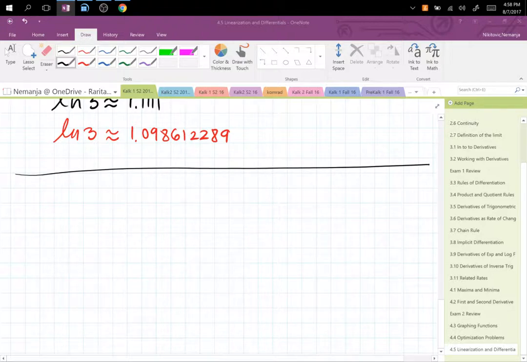So I'm going to challenge you guys with a question. How much is cosine of 3?